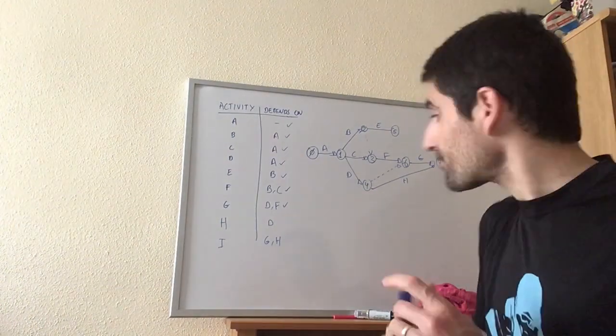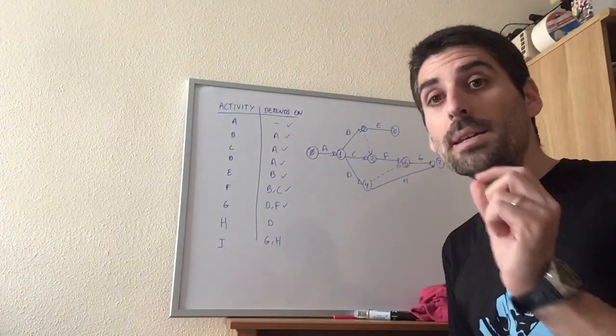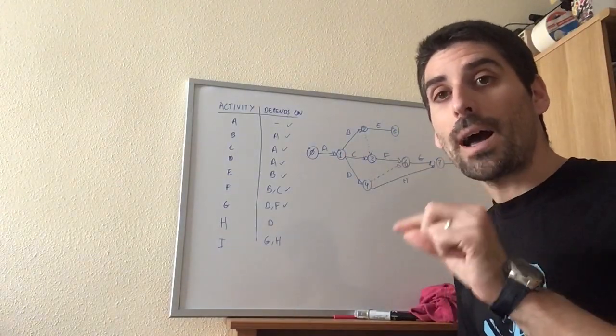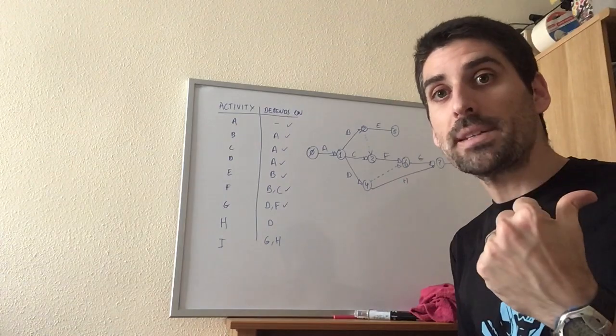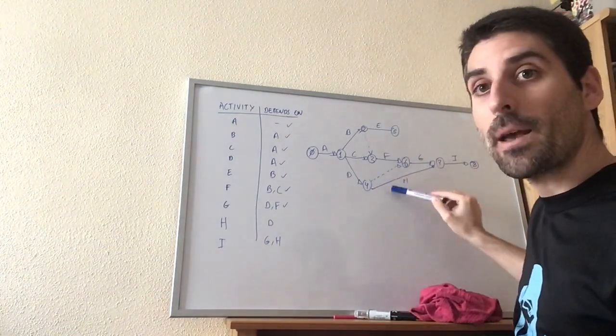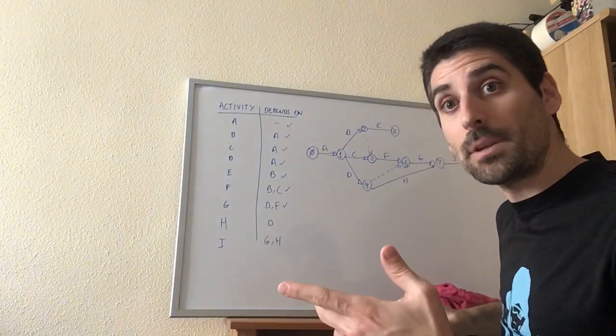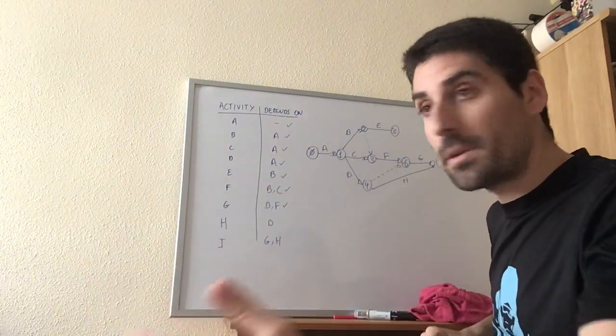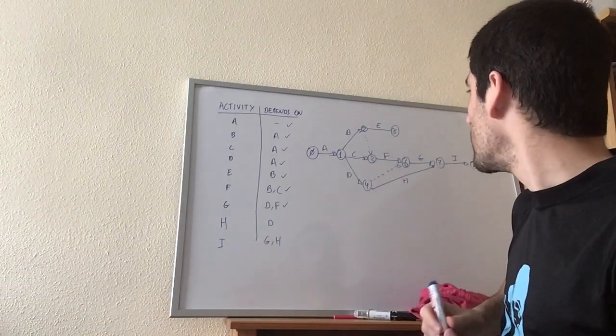Now remember, what I said earlier is that you cannot have two arrows, two activities from the same node to the same node. That's not the situation here. I do have two activities from the same node, but they're not going to the same node. They are going to different nodes.